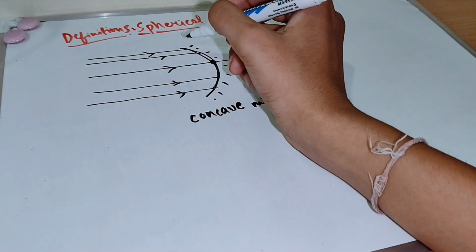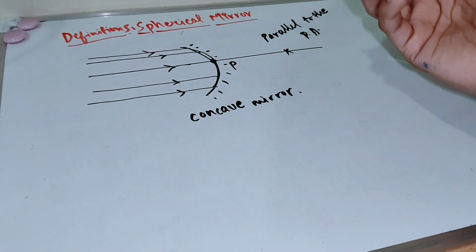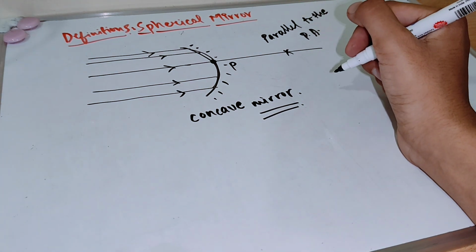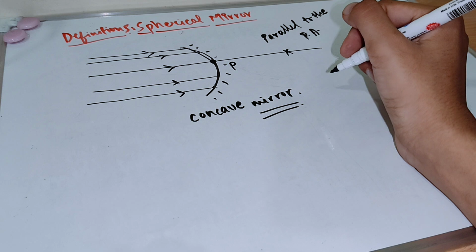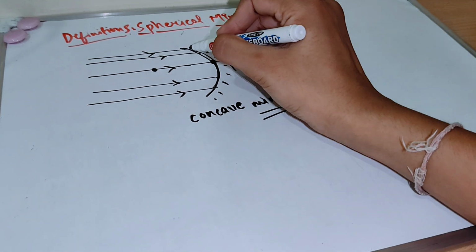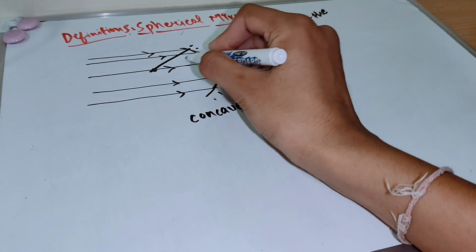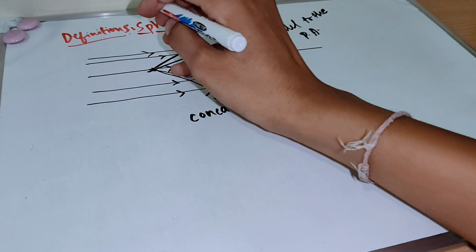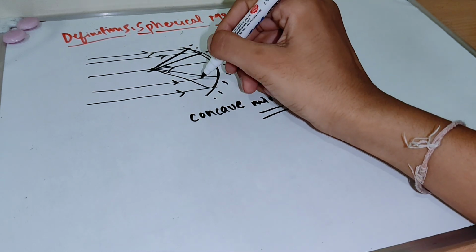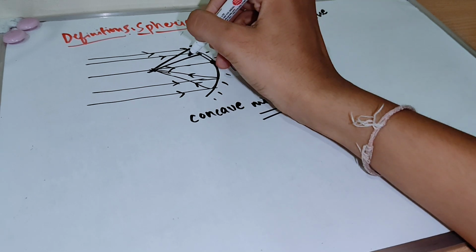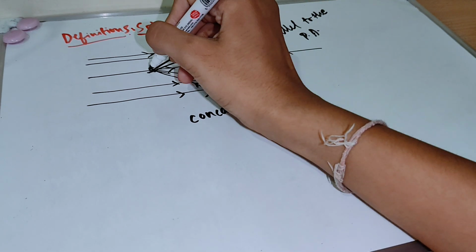Now we have learned that it is a mirror. So the phenomenon that will take place will be reflection, which means that the light will bounce back. You will notice that all of these incident lines will bounce back to the same point.